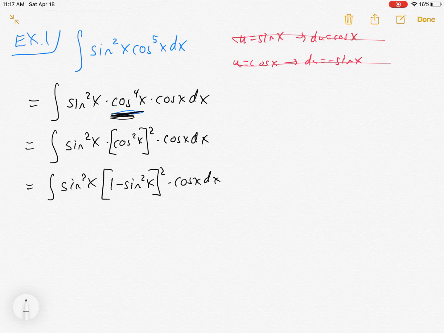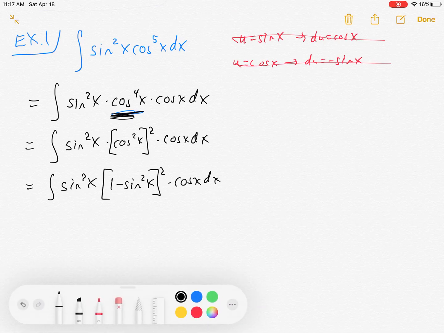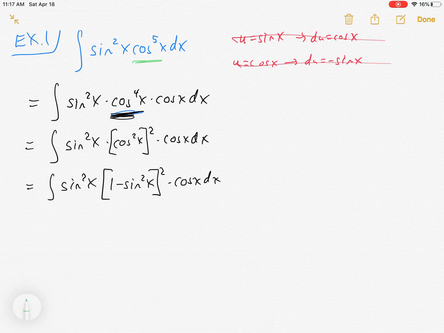Well, here's why. Because I plucked out a cosine because the remaining portion is now even right here. It's even. And since it's even, I can write it as a multiple of squared functions, or a power of squared functions. And the squared functions, I can use the trig identity to change to the other, to his Pythagorean buddy.